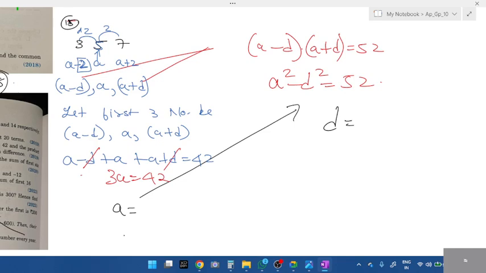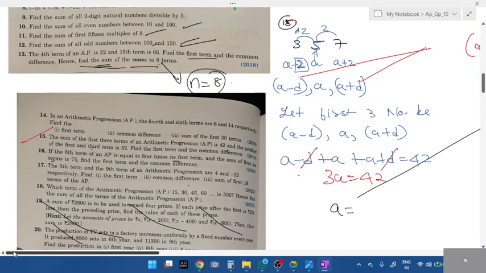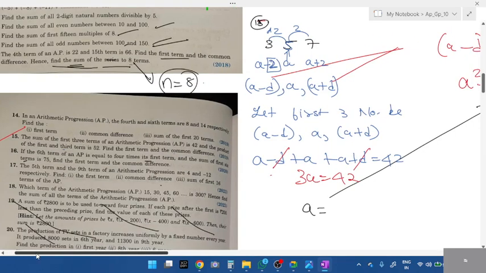No, 10b, which question? 2 and 12. How come 2 and 12?